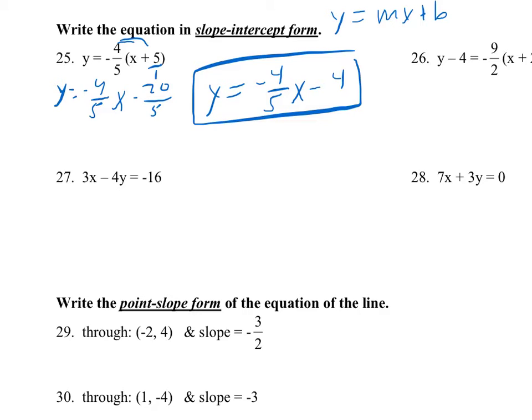In number 27, we'll solve for y again, so we'll subtract 3x from both sides and get negative 4y equals negative 3x minus 16.